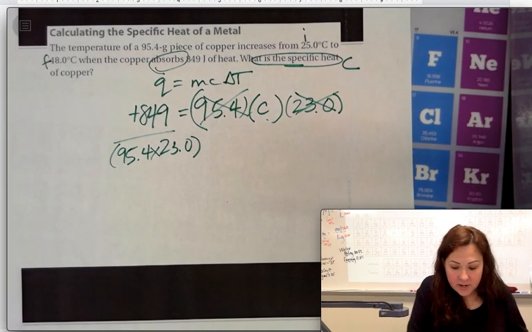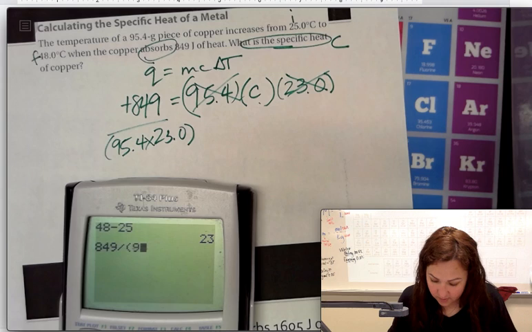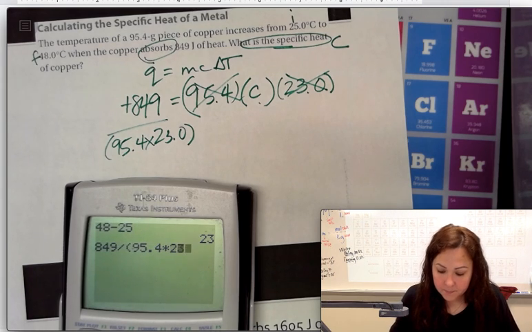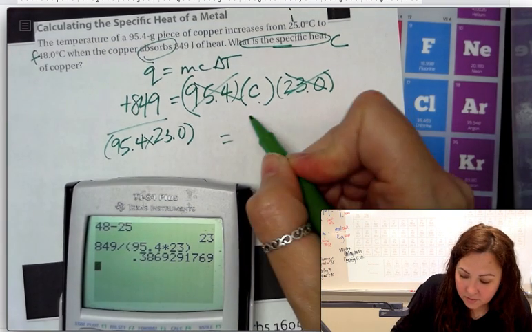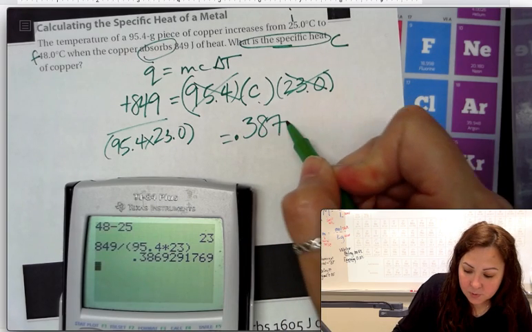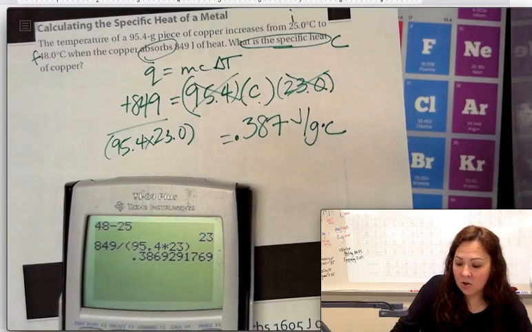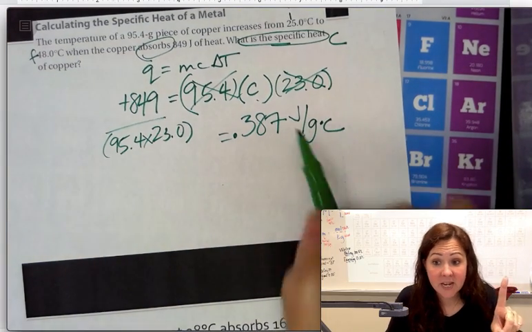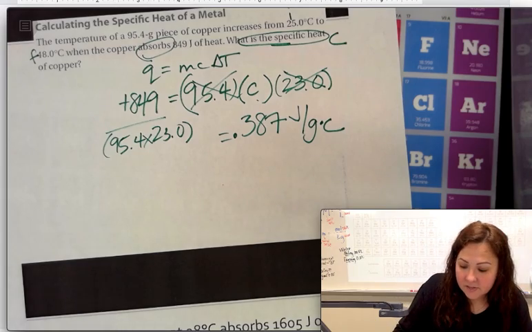So 849 divided by, open parentheses, 95.4 times 23. My specific heat is 0.387 joules per gram degree Celsius. Specific heat has all of that unit there because it's how much heat is required to raise 1 gram of it 1 degree Celsius. So final answer is right there.